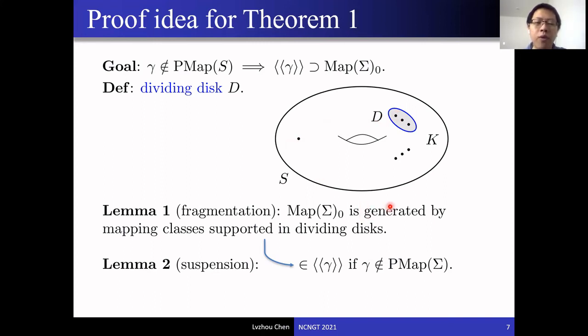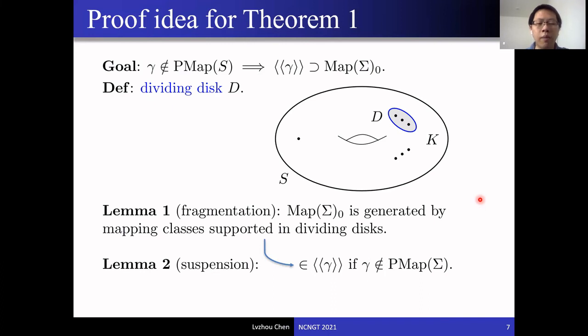Then you can further factorize an element fixing such an arc into elements that further fix some collection of arcs that cut the surface S into disks. And from there, each element that you consider would be supported in a dividing disk, and that will give you the proof.